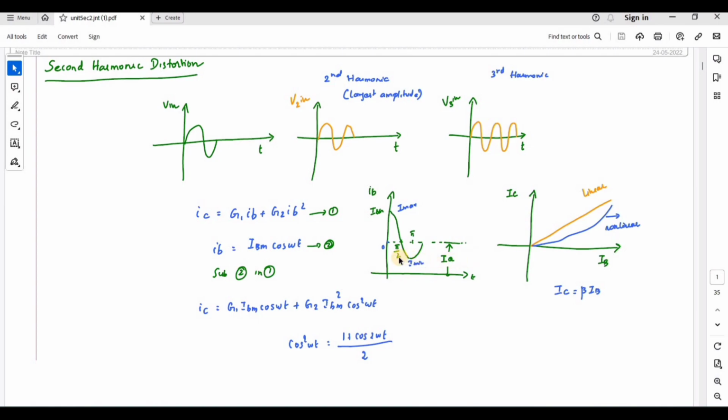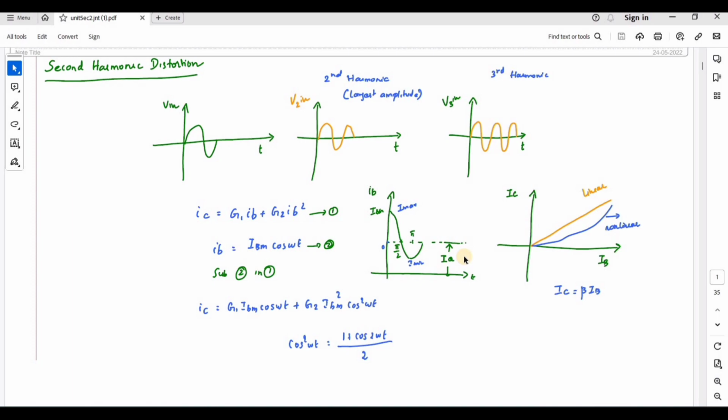Because of non-linearity, the output waveform consists of fundamental and higher harmonics. So this harmonic distortion is caused due to the non-linearity of the characteristic curve of the active devices.